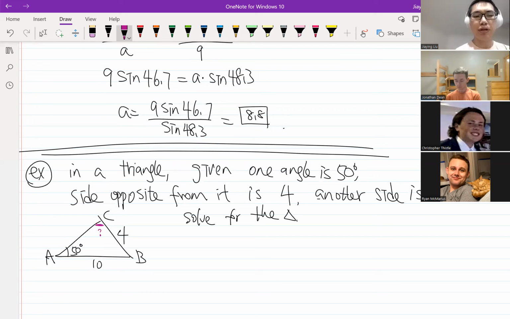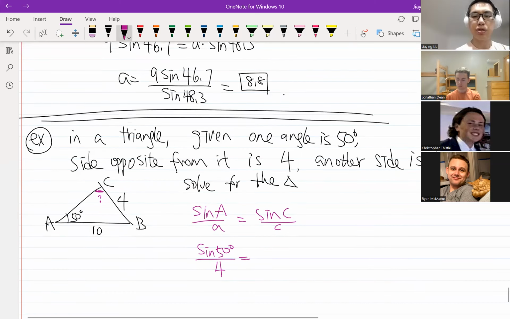We have sine A over a equals sine C over c, lowercase c. Sine A is 50, so sine 50 degrees over the side a, which is 4, equals sine C divided by lowercase c, which is 10.